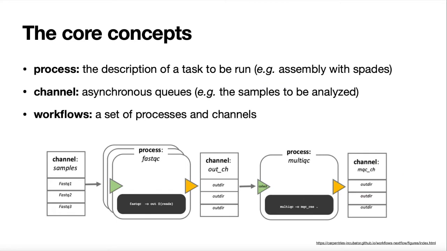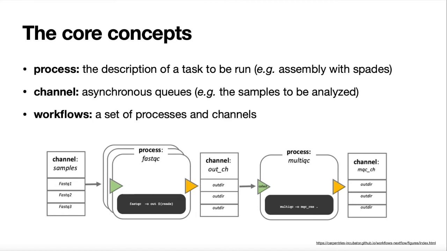The process is the description of the task. It's like a rule in Snakemake. A specific idea in Nextflow are channels, because they are asynchronous queues, and it's around this data flow model that Nextflow was built. Basically, you create a channel, for example, with your input files, and Nextflow takes care of distributing the FASTQ files to different executions of the process that need them.